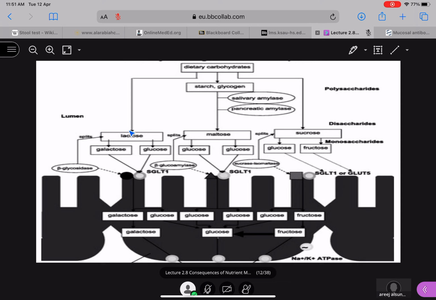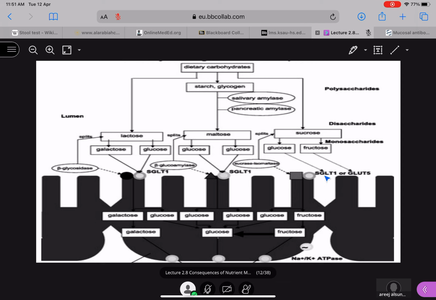As we said, monosaccharides, glucose, galactose, fructose, are absorbed directly through these receptors, which are SGLT1 and GLUT5. GLUT5 is for fructose, SGLT1 for glucose and galactose. So glucose, fructose and galactose molecules will be directly absorbed through these carriers.